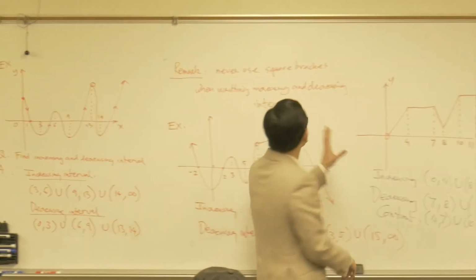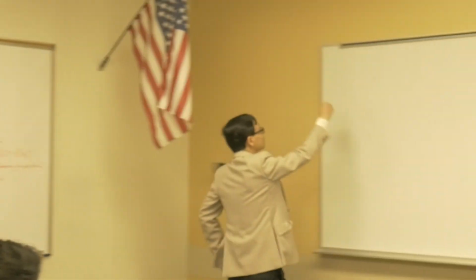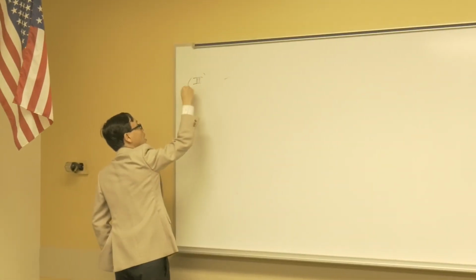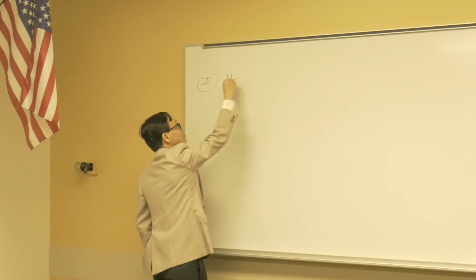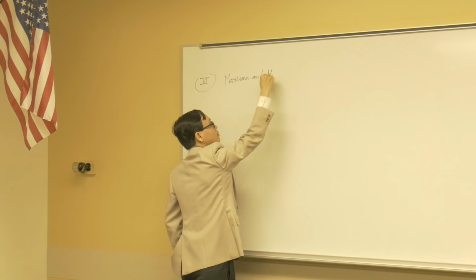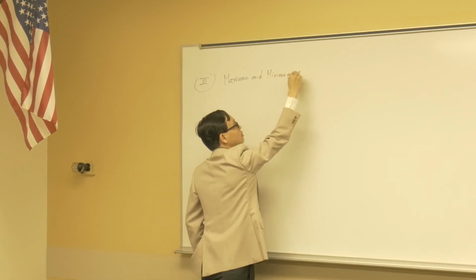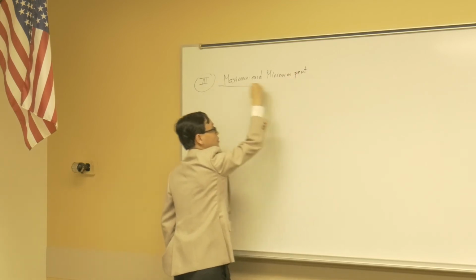But there are two different types of maximum and minimum. So on the third part, I'm going to write it here. I want to talk about the maximum and minimum points of the function.